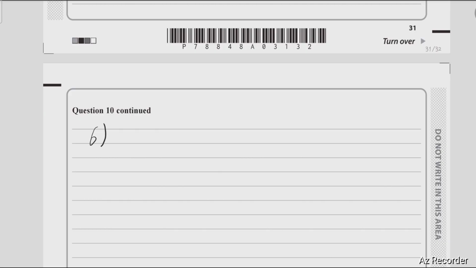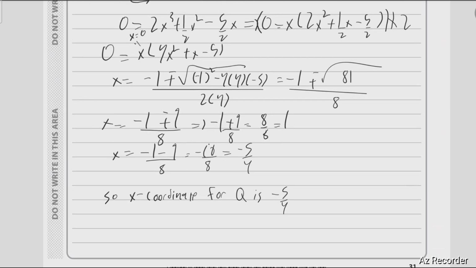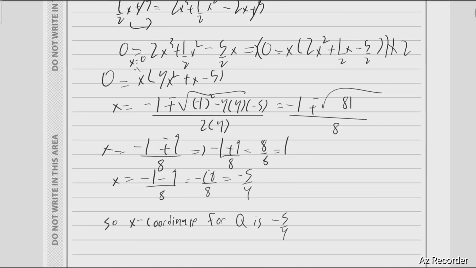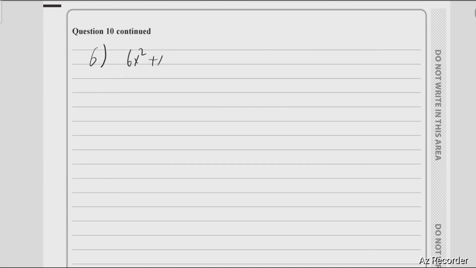So, if you know the gradient and it's a tangent, we can just make f prime of x, 6x squared plus x minus 2, equal to half.